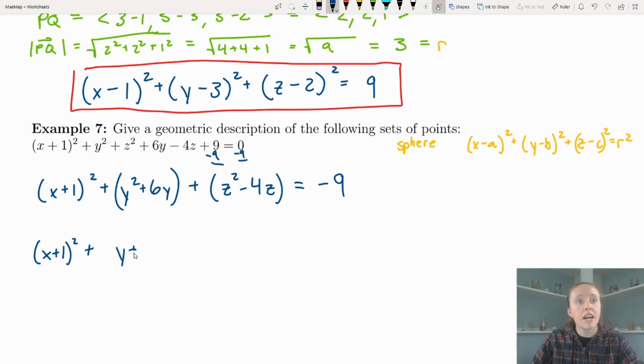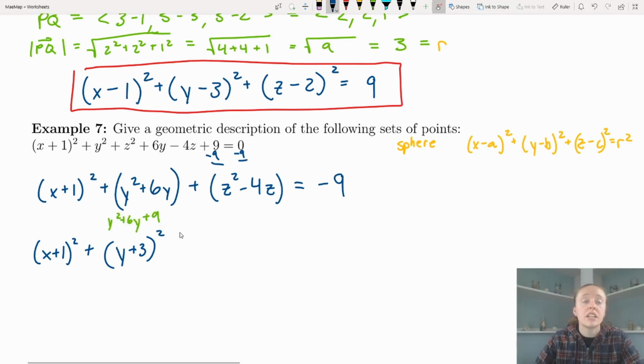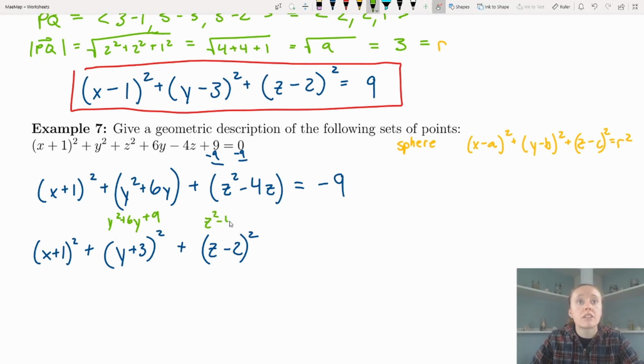So you can see if I have y plus 3 squared, y plus 3 squared is really y squared plus 6y plus 9. And for z, all I have to do is divide that negative 4 by 2. So that's going to be z minus 2 squared.